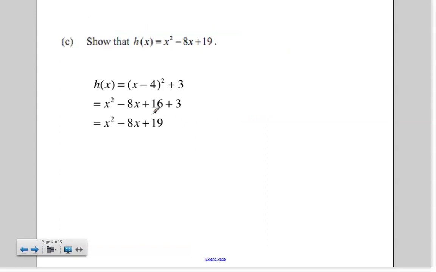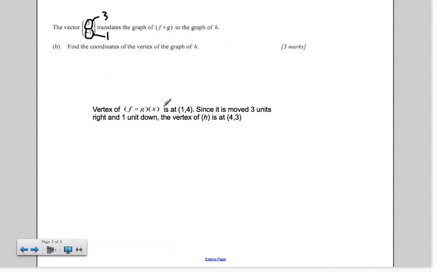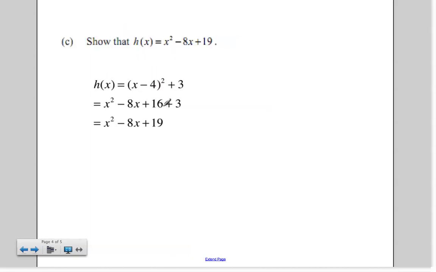The next question asks us to show that h of x is equal to x squared minus 8x plus 19. Now that we have the vertex for h, we can sub it into the normal equation of x minus the horizontal translation plus the vertical translation.